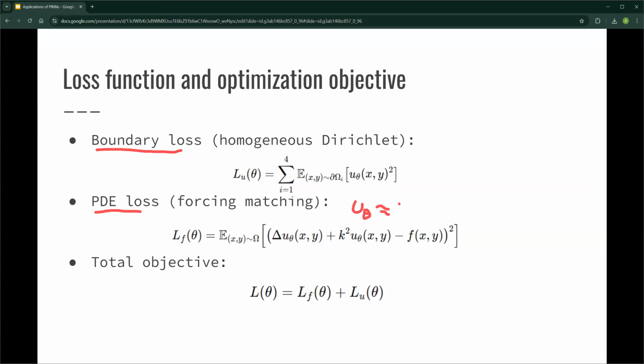Like I said before, as long as it's as close to 0 as possible, it's good. The boundary loss is just whether or not our solution fits the known points of the PDE, and the PDE loss is the physics. Then we can combine the two loss functions into the total loss right here, L of theta.